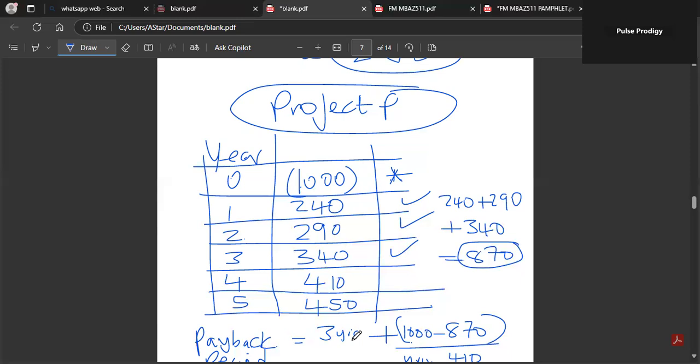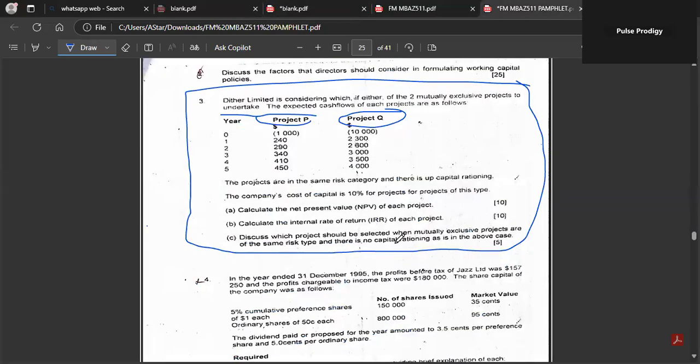So the other project is project Q. For project Q, assist me as we get down to this. What will be the payback period?